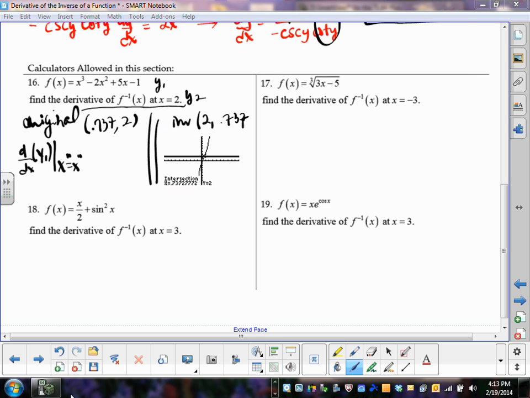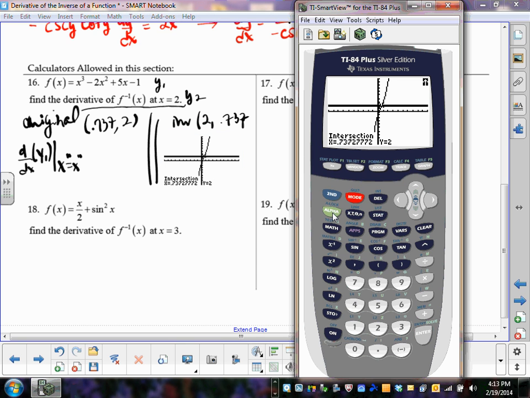Okay, so for the next one, we have calculators allowed. So we're going to put, this value says that the inverse has the point x is 2. So the original, my handwriting is getting worse and worse, the original has to have the point with y equal to 2. So we're going to put y1 and y2 into our calculators.